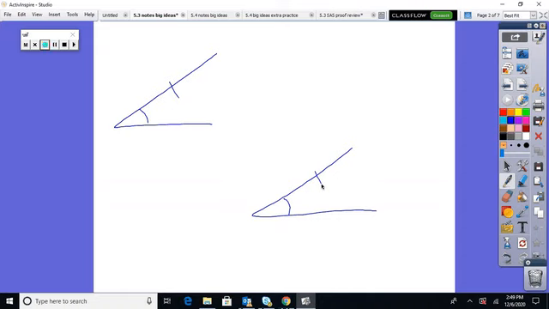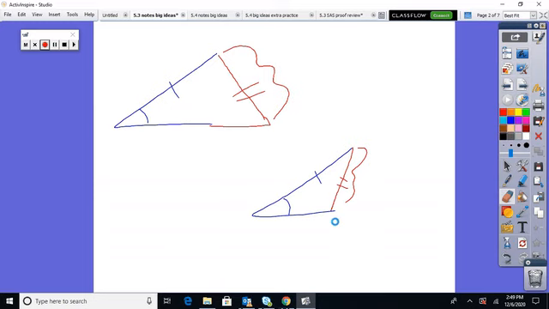Now check this out. The third side, if I draw it over here, for instance, to complete this triangle, and say I take this same length and draw it in like this, so that those two lengths would be congruent. Then I wouldn't need this extra part right here.